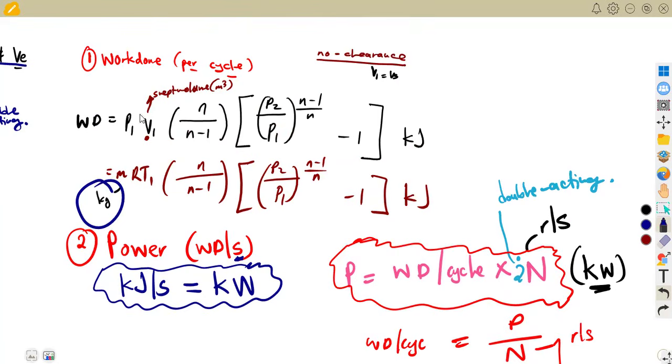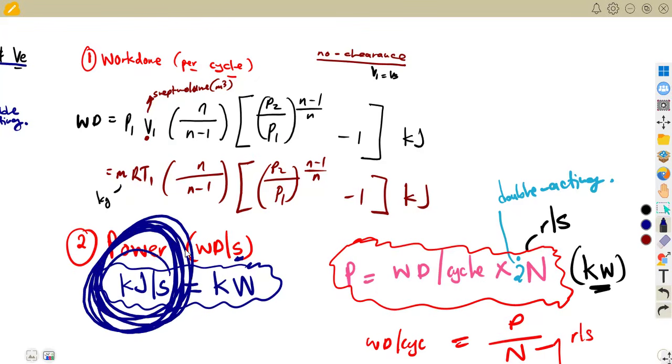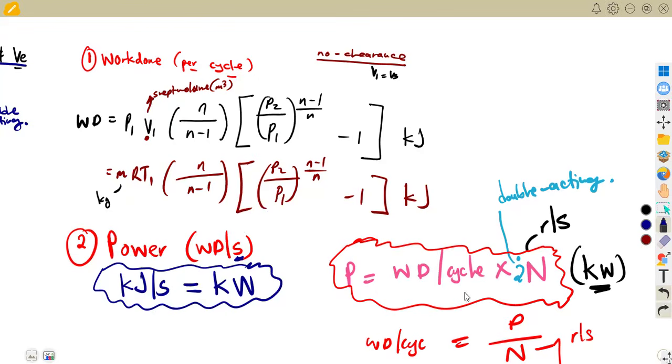If you use the swept volume VS, with no clearance, it is just cubic centimeters. There is no time unit, so your answers were kilojoules per cycle, not per second. We need kilojoules per second, which is kilowatt. What carries that?